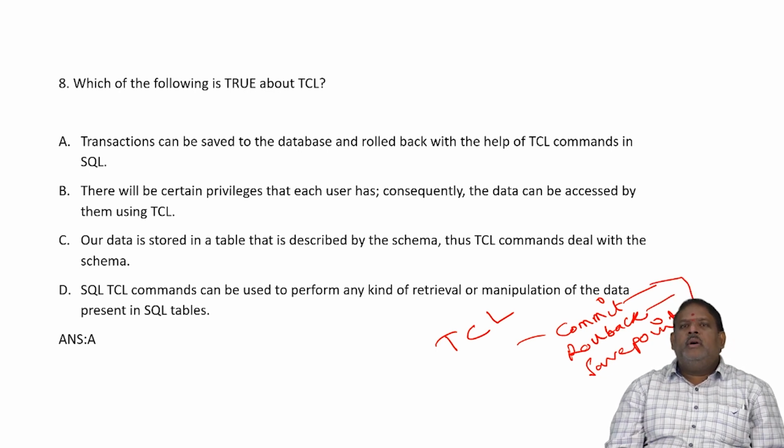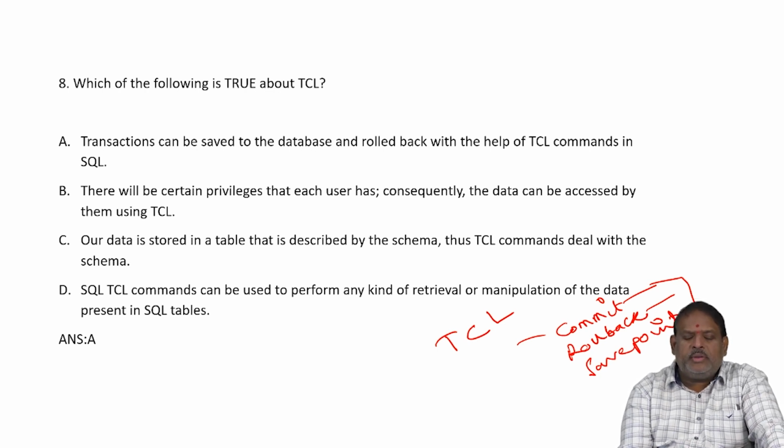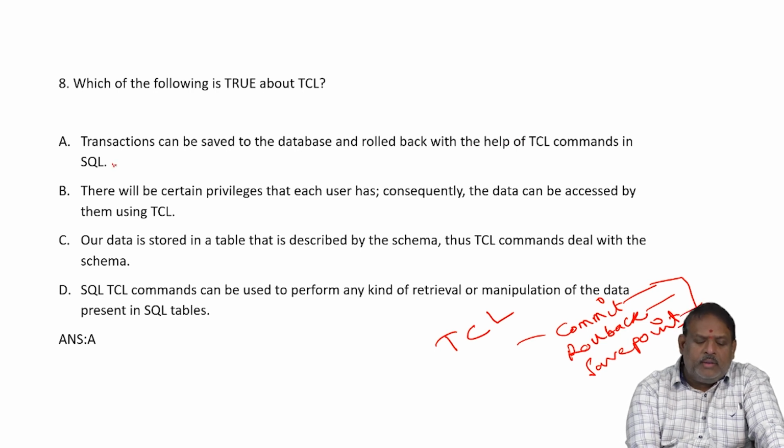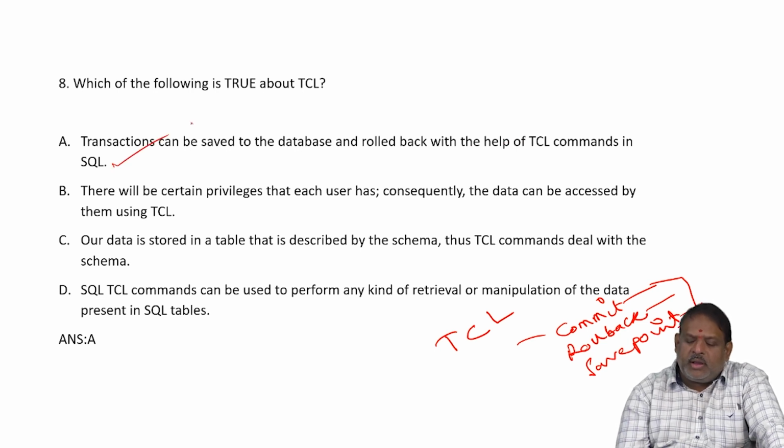Now we will see what statements are given. The transaction can be saved to a database and rolled back with the help of TCL commands in SQL. That is correct, because by using commit, rollback and savepoint, transactions can be saved to the database using commit and can be rolled back using the rollback command.